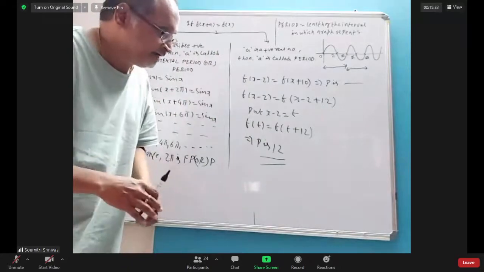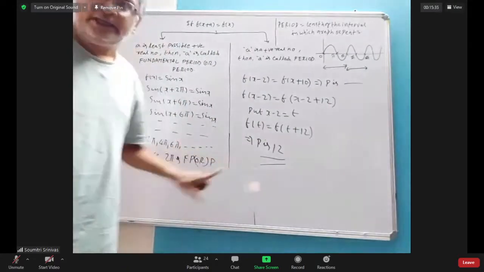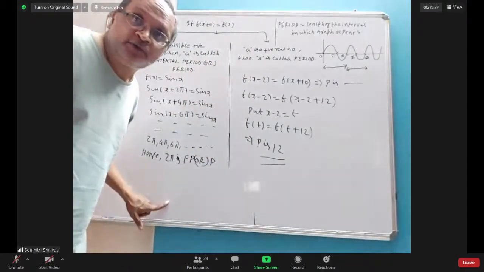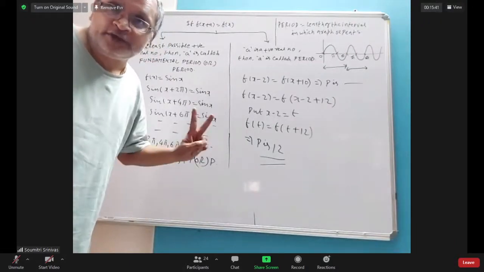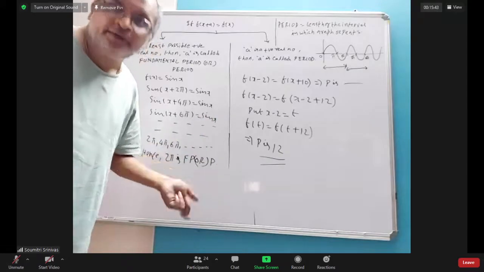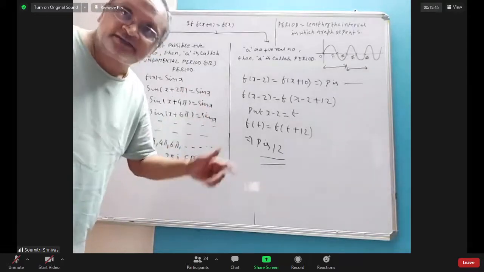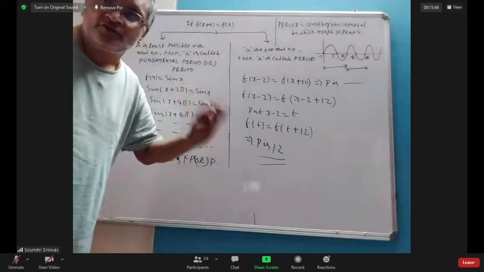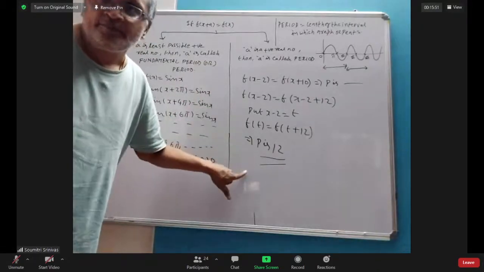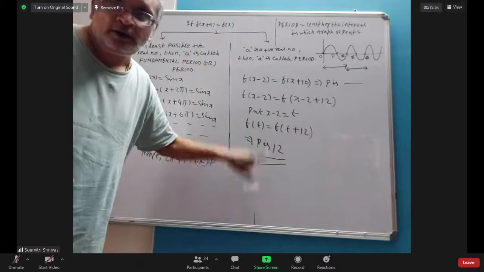Therefore, we just say period is 12. Here I can say the least possible positive real number is 2 pi. So for sin x, two answers: fundamental period and period. Both are the same and it is 2 pi. But for this function, period is how much? Copy this.